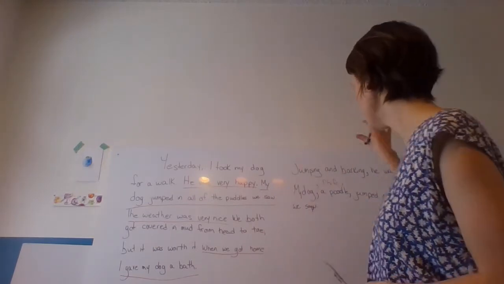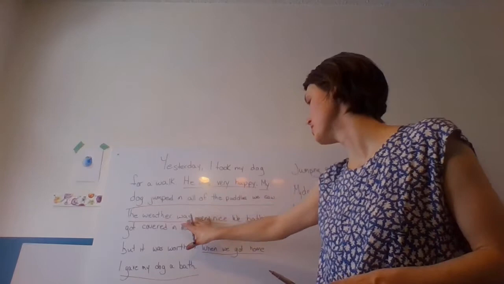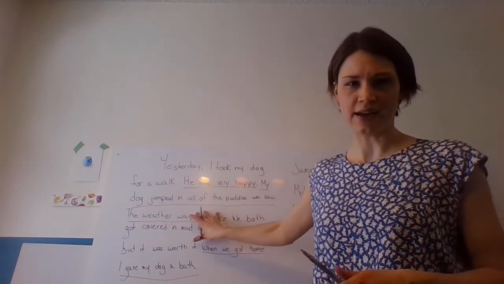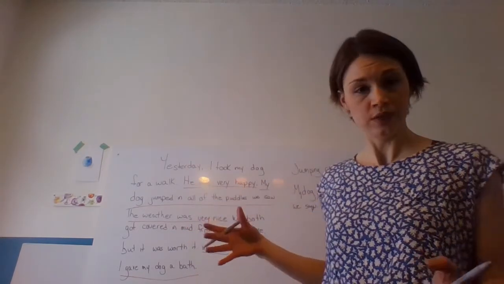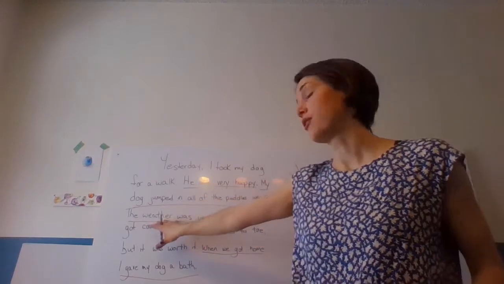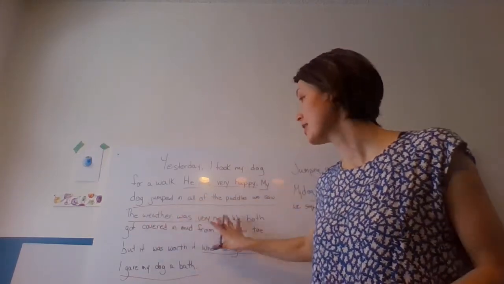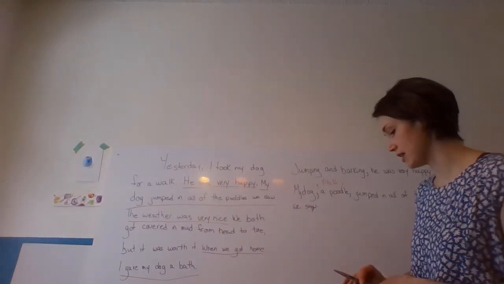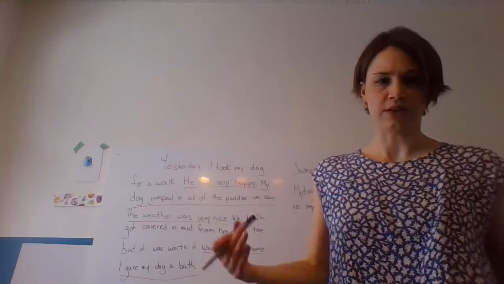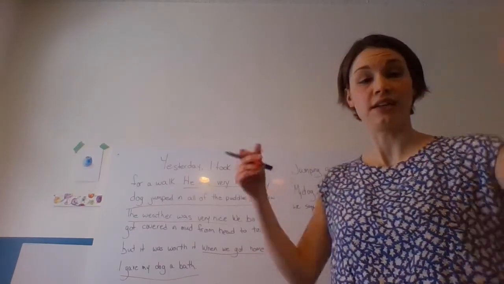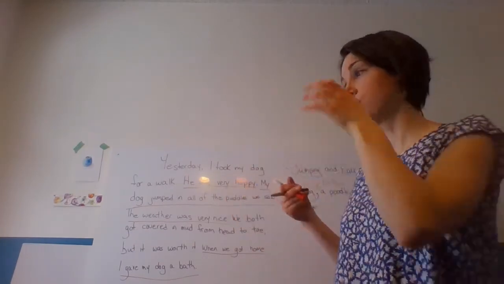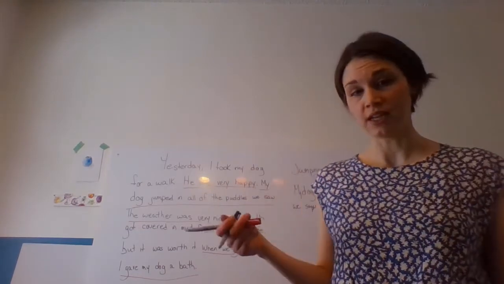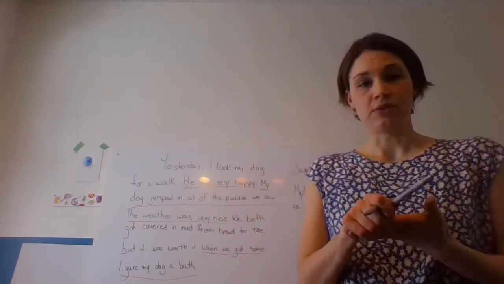So here, the weather was very nice. We can add an absolute or two to describe the weather, which is the subject of this sentence. Why don't we add something at the beginning of the sentence? What is an example of nice weather? The sun is shining, right? How else do we know the weather is nice? The birds are singing. There we have examples of absolutes.